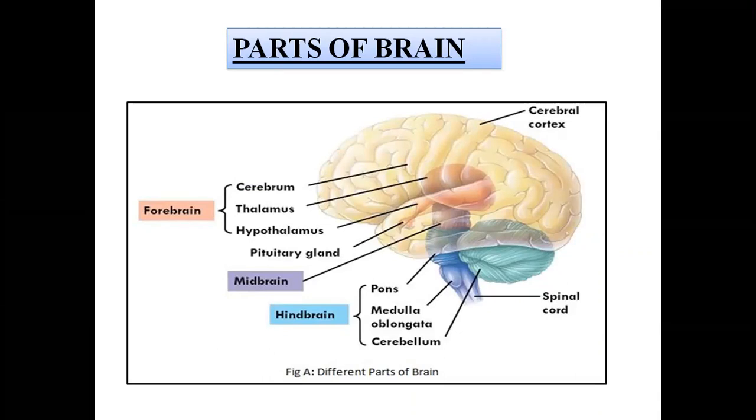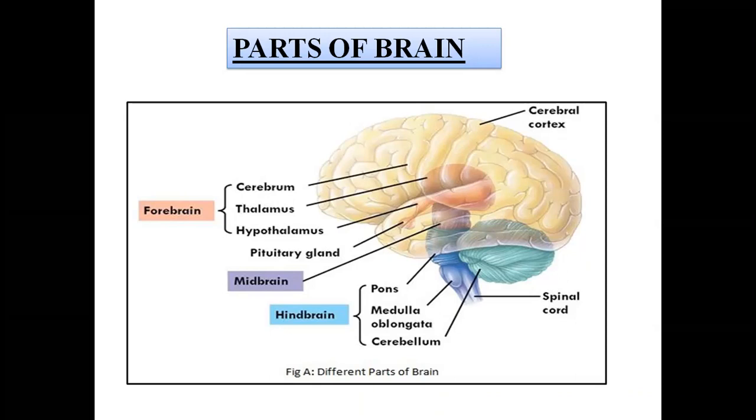Apart from this, I discussed the different components of our nervous system: the central nervous system, the peripheral nervous system, and the autonomous nervous system. In the central nervous system, the two components were the brain and the spinal cord.